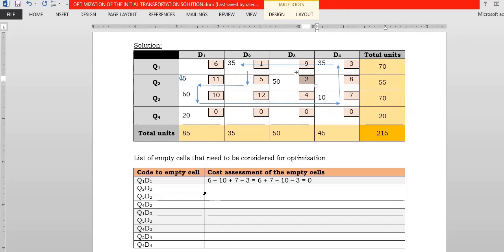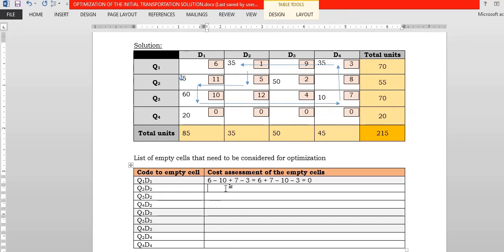Starting from this particular position, the empty cell is 5 minus 11 plus 10. So positive, negative, positive.